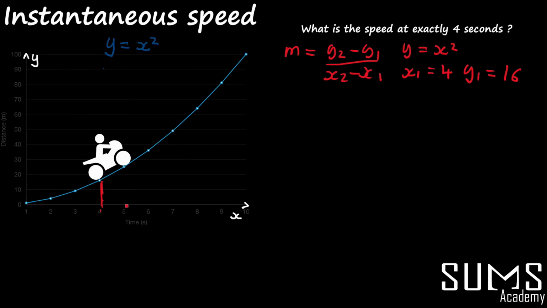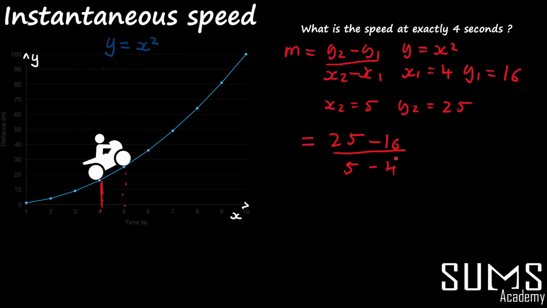For the first one, we're going to choose x2 equals 5. So y2 equals 25, because that's just the square of 5. We'll plug this into our formula. So that equals y2, 25, minus y1, 16, all over x2, 5, minus x1, 4.